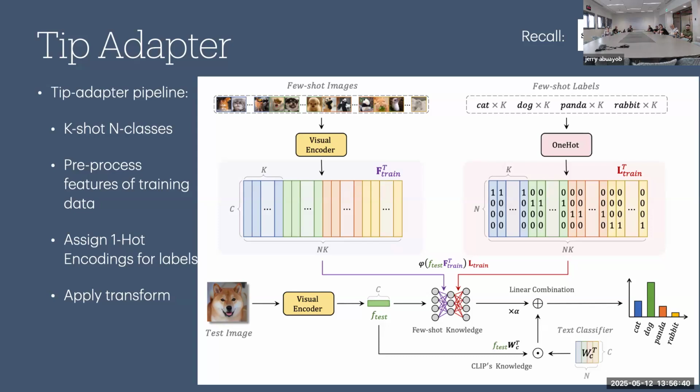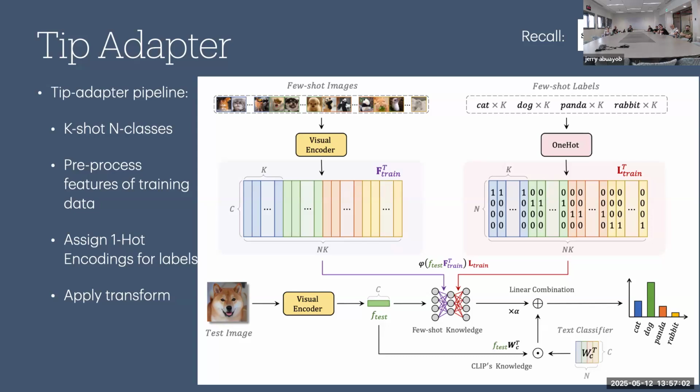That's really like the same thing as doing an attention, but with different matrices. So we can think of the F-test as the query, and the F-train as the keys, and the L-train as the values. That's like the key-value cache model that they talked about.